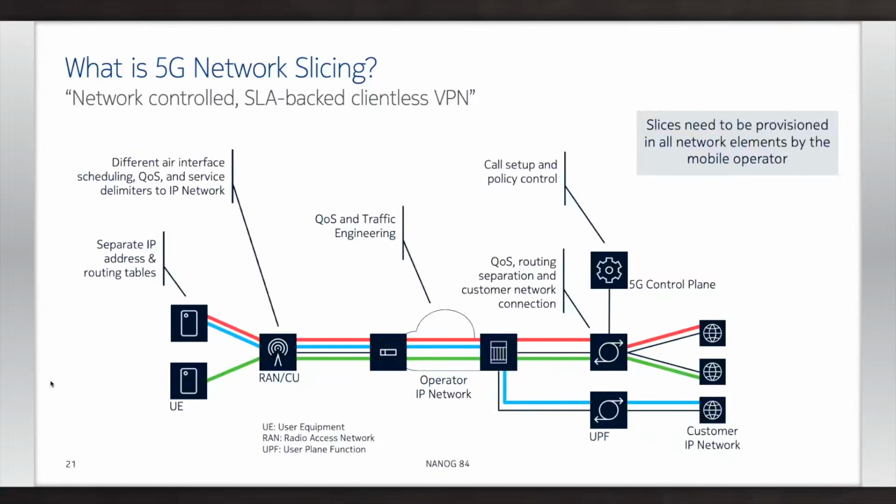It is SLA backed because every node in the network, and you can take a look at the different roles they have here in the slide, is able to apply QoS, quality of service, and prioritize traffic from each slice according to any SLA that it needs to use in terms of bandwidth, latency, queuing, anything that you might think about.